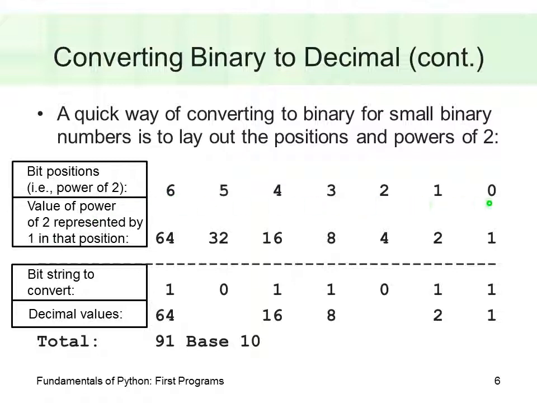Okay, so we're laying out the bit positions. At the rightmost bit, we would call position 0 because it is represented by 2 raised to the power of 0. This is 2 raised to the power of 1, 2 raised to the power of 2, 2 raised to the power of 3, 2 raised to the power of 4, 2 raised to the power of 5, and 2 raised to the power of 6.